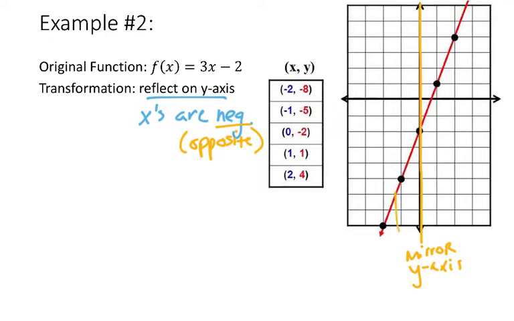So, without just doing it by looks, we can go through and change each of these pieces. So instead of negative 2, you're going to have a positive 2 as your x. Instead of a negative 1, you're going to have a positive 1. 0, of course, isn't negative or positive, so it stays 0. 1 is going to become negative 1, and 2 is going to become negative 2.